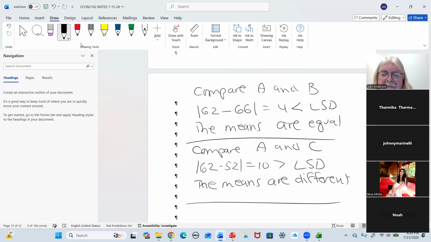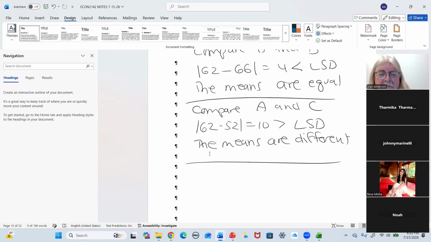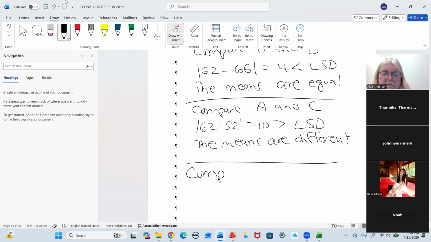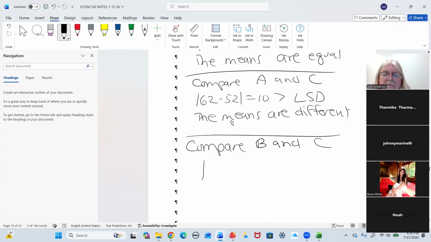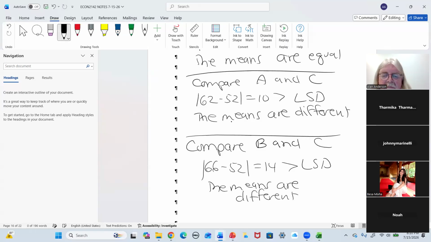And of course, we need B and C. That gives us 66 versus 52, which means that, again, the means are different. So the only ones that are the same are A and B.